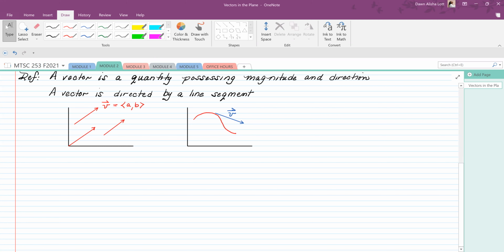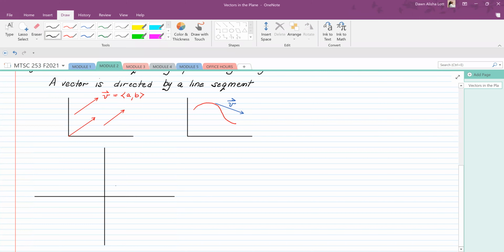So if I have this vector, let's say I draw this. I'm going to start at 0, 0. And if I go over 1, 2, 3, and up 1, the terminal point is at the point 3, 1.